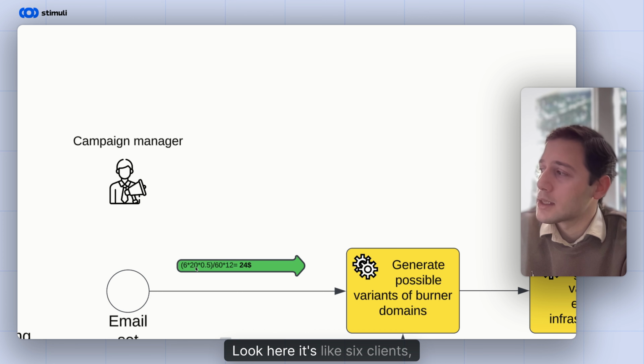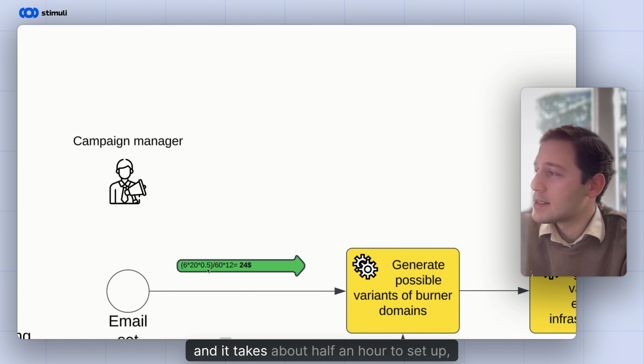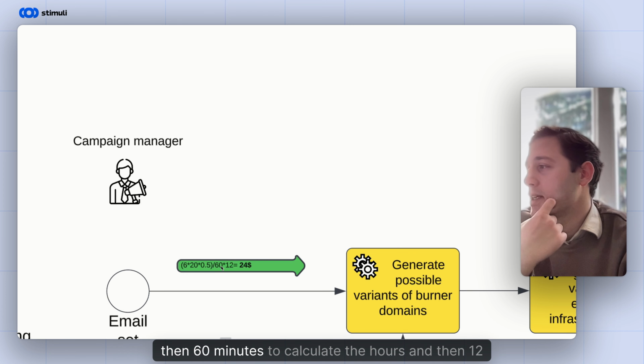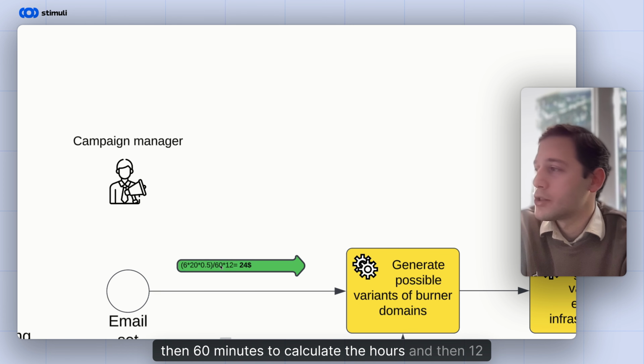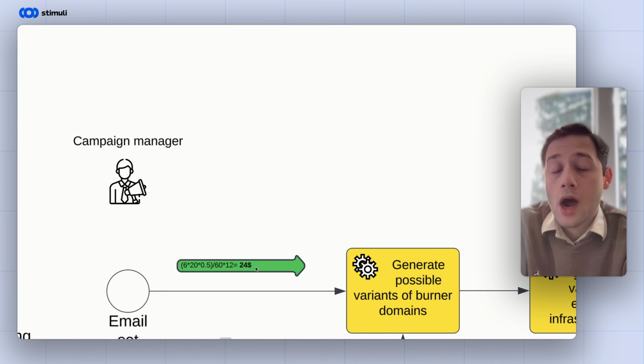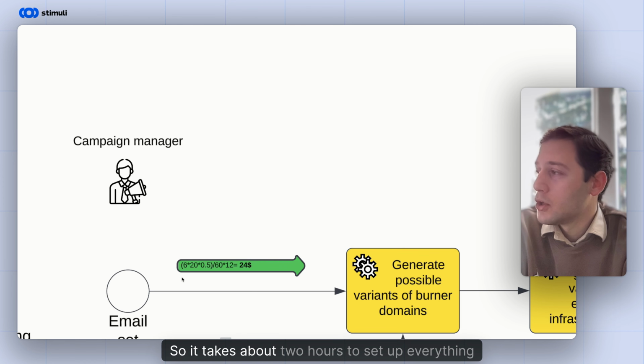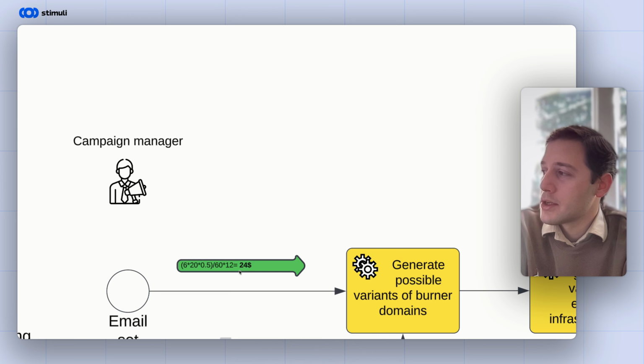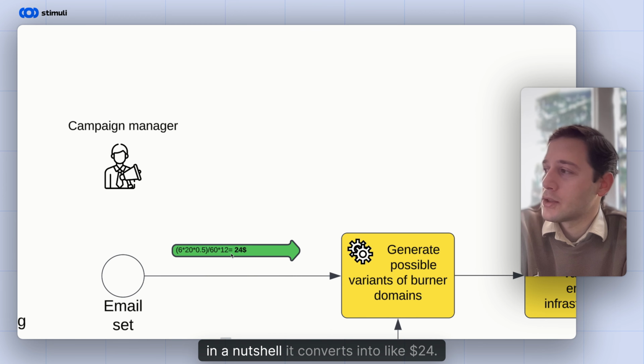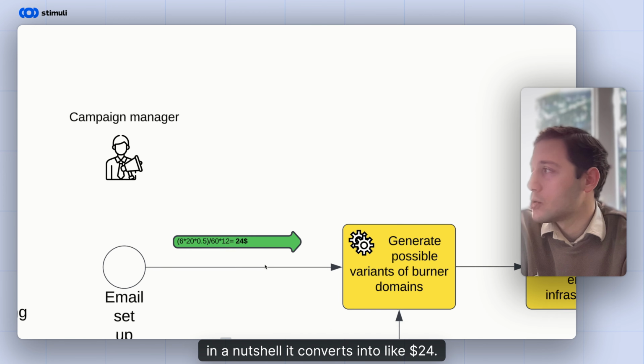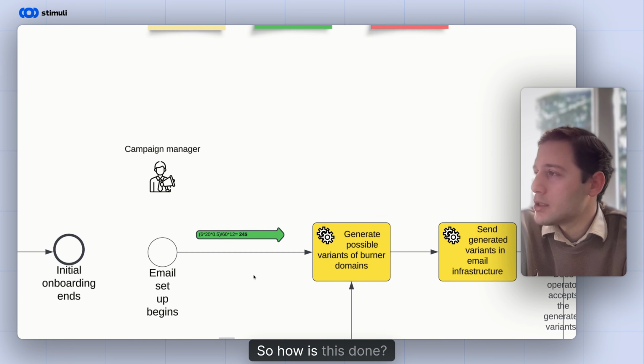Look here, it's 6 clients, 20 domains, and it takes about half an hour to set up, then 60 minutes to calculate the hours, and then a $12 hourly rate. So it takes about 2 hours to set up everything for 6 clients, and in a nutshell it converts into about $24.